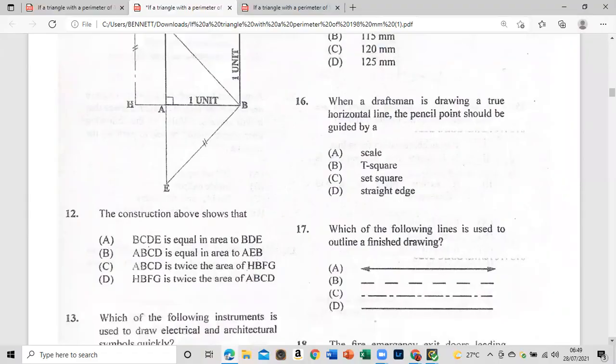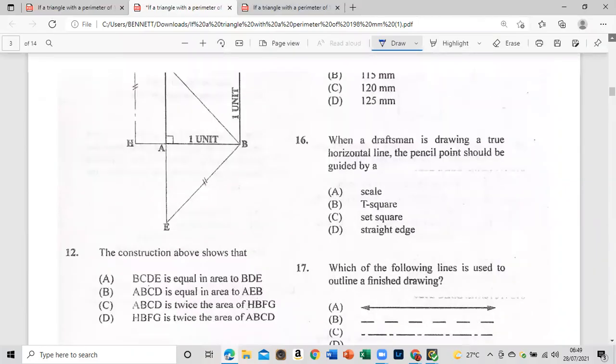BCDE is equal to BDE. No, sir. I don't think so. BCDE, that's a trapezium.